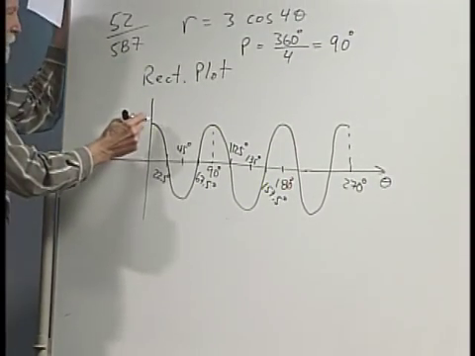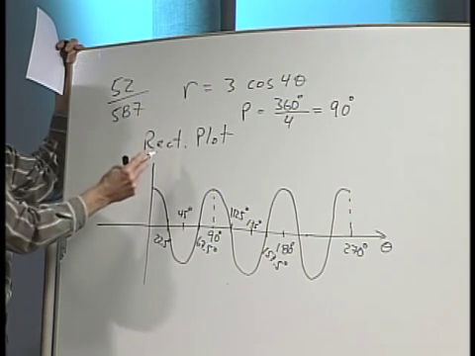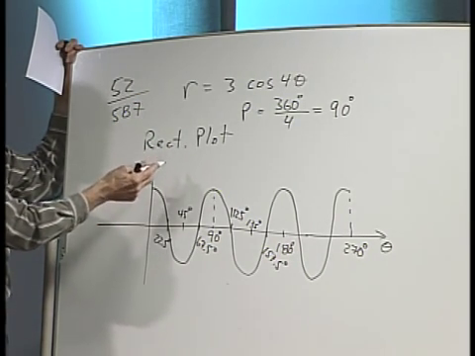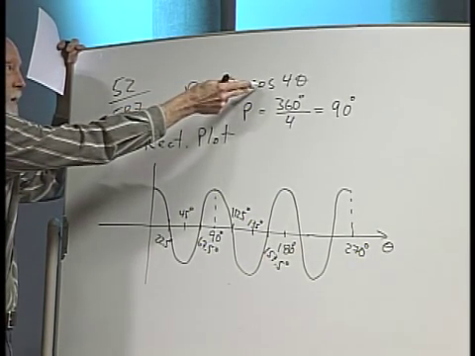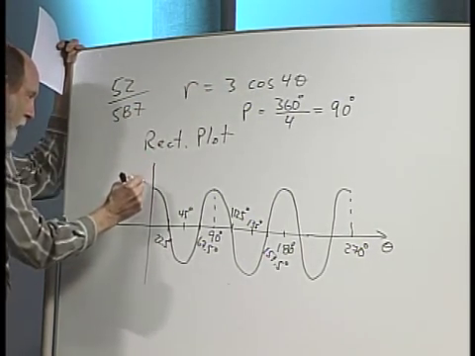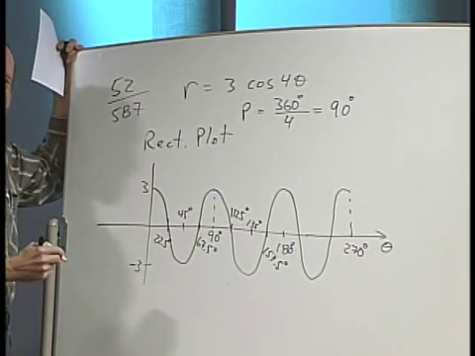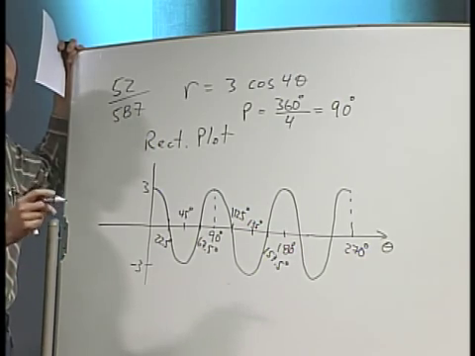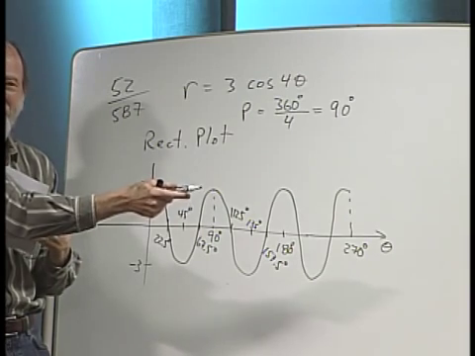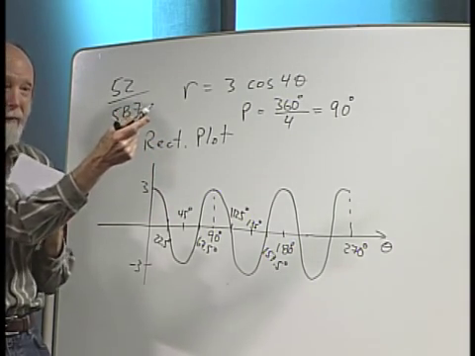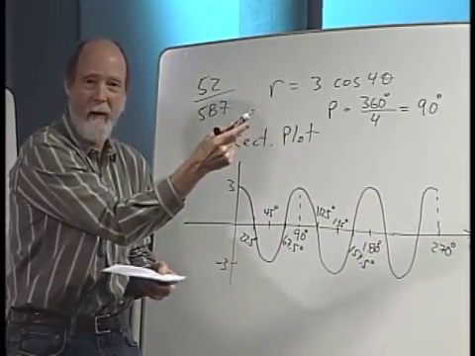And what's the maximum radius? Look at the equation. What's the maximum value of the radius? 3. Because cosine, we keep saying, can't get any bigger than 1. So the maximum radius here happens to be 3, and the radius also can be negative. Now, in the last session, we talked about the fact that, here's my arm again, we're going to set an angle, and the positive direction for the radius is out along that line, once you set the angle.